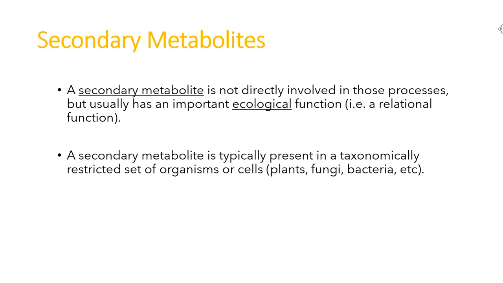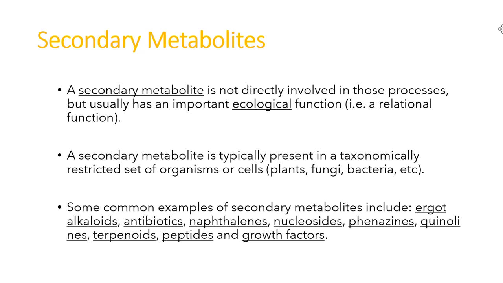A secondary metabolite is typically present in a taxonomically restricted set of organisms or cells, such as plants, fungi, and bacteria. Some common examples of secondary metabolites include ergot, alkaloids, antibiotics, naphthalenes, and nucleosides. These alkaloids and antibiotics are used as medicines.